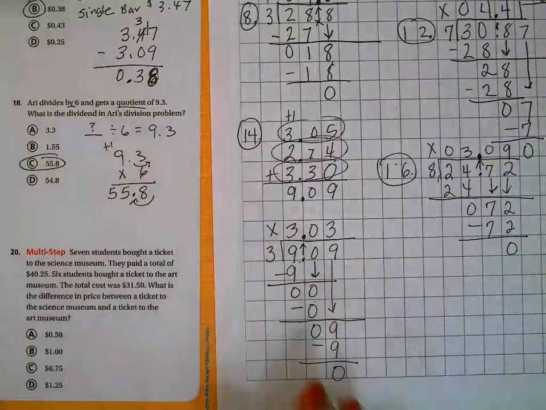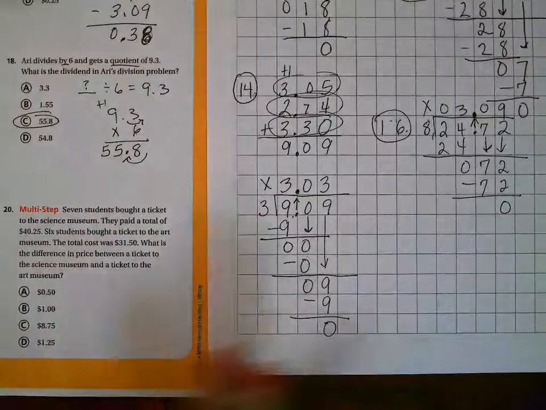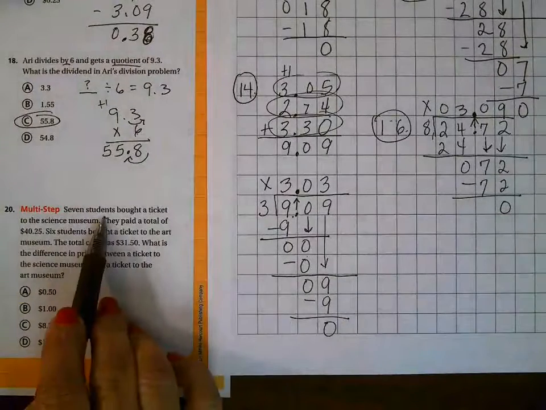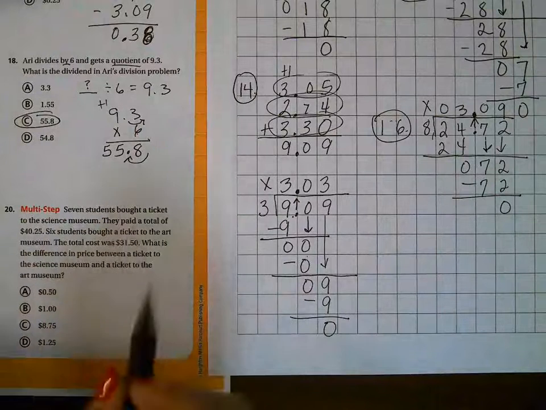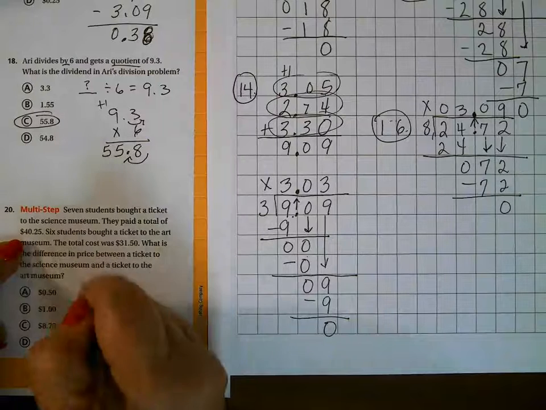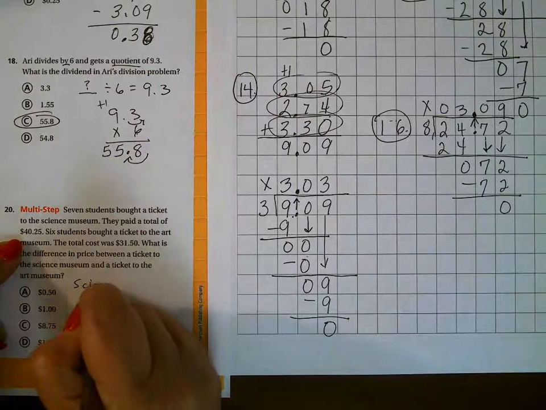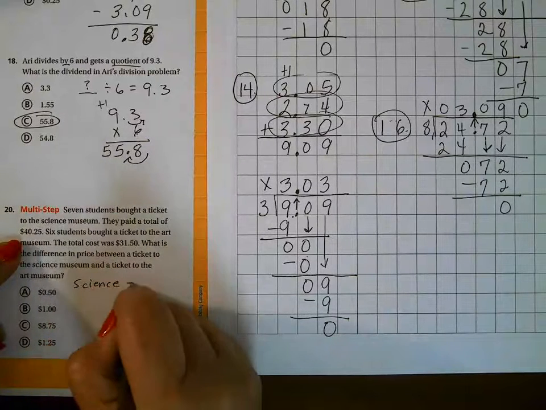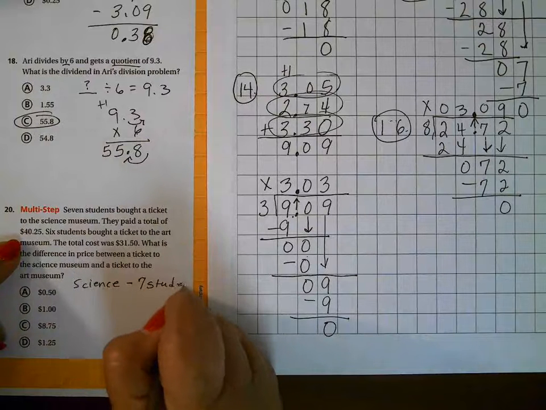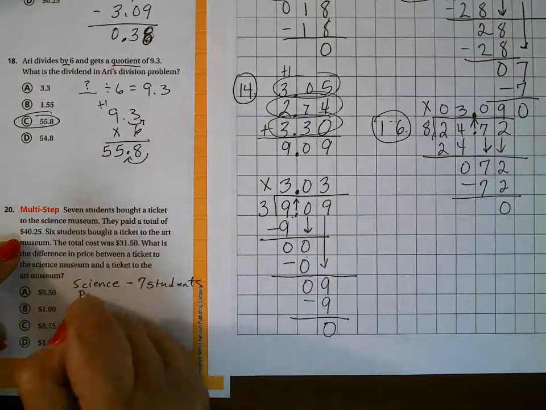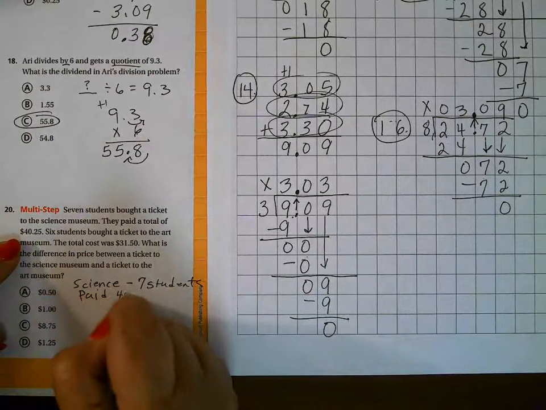All right, last one for the road. Woohoo! Okay, so 7 students bought a ticket to the Science Museum. So they paid a total of $40.25. So I'm going to put science. This is 7 students. And they paid $40.25.